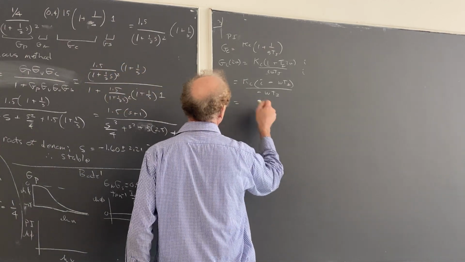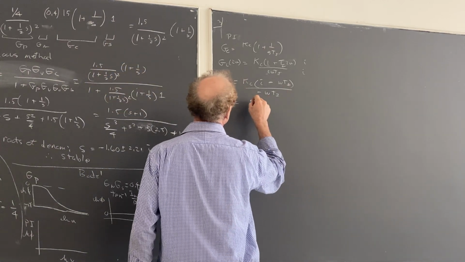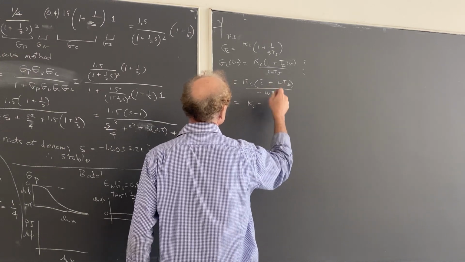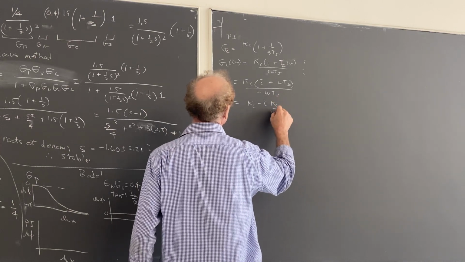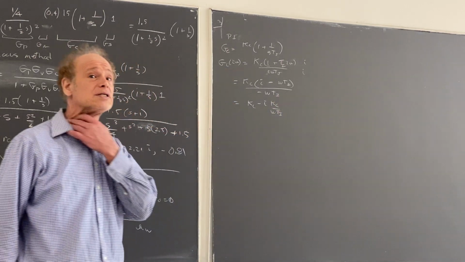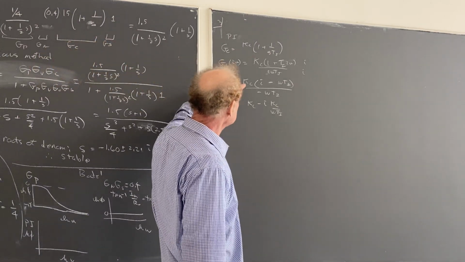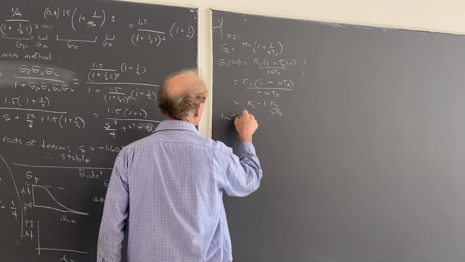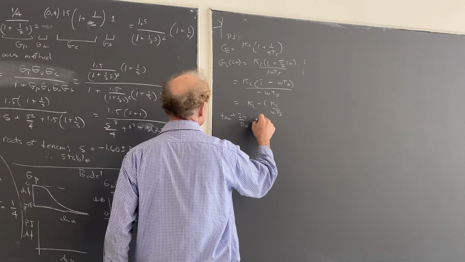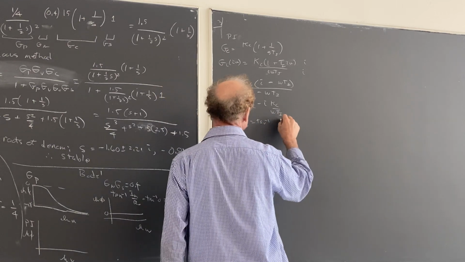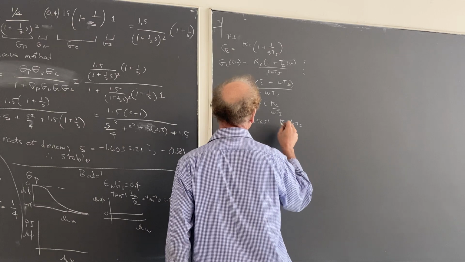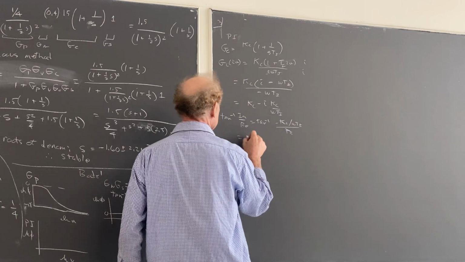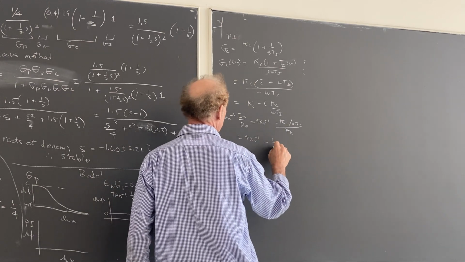Let's write the real part. The real part is KC. And the imaginary part is minus i times KC over omega tau I. It's a little bit of algebra, but nothing too serious. So let's look at the arctangent of the imaginary part over the real part. That's the arctangent of minus KC over omega tau I, divided by KC, the real part. The KC's cancel. This is the arctangent of minus 1 over omega tau I.